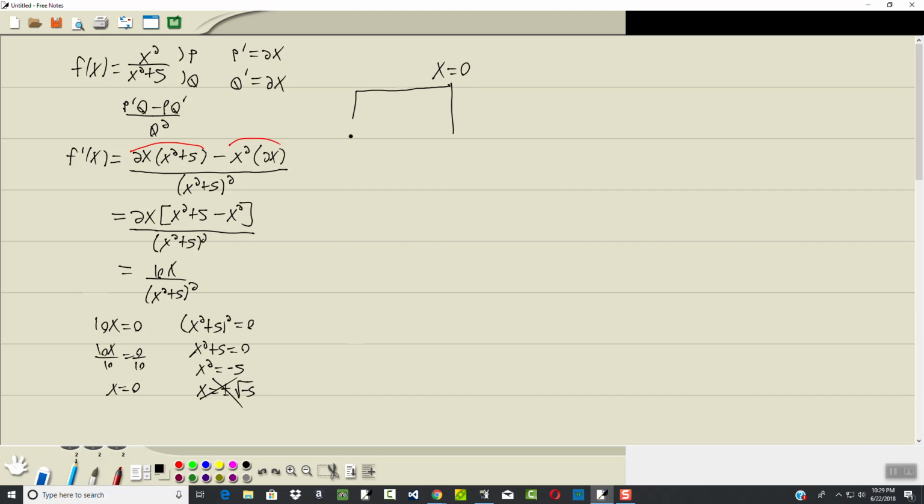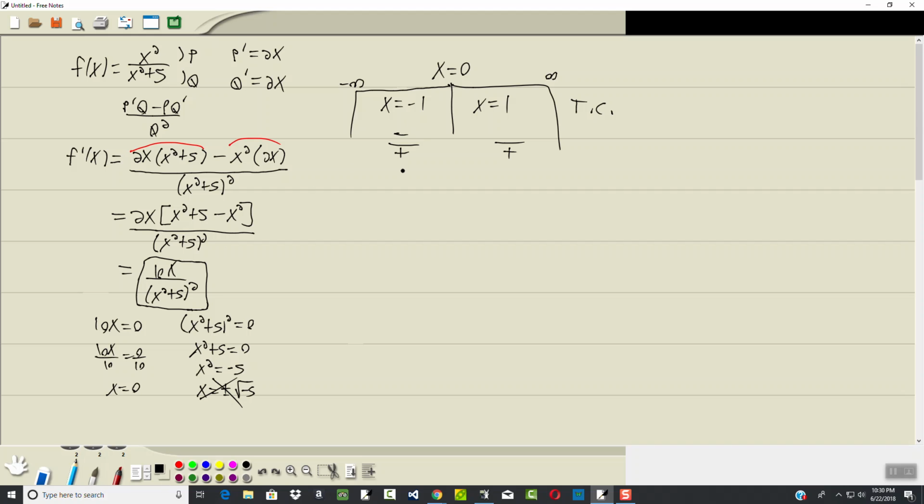So I'm going to build a table of intervals. Clear over here is negative infinity, clear over here is positive infinity. We want to choose test cases. Something between negative infinity and 0, like negative 1. Something greater than 0, like 1 or 2 or something. Now we want to plug those into our derivative. The bottom part is squared, which means it's already always positive, so I don't need to worry about the denominator at all. If I plug this x value into the top, though, I got 10 times negative 1, which is negative.